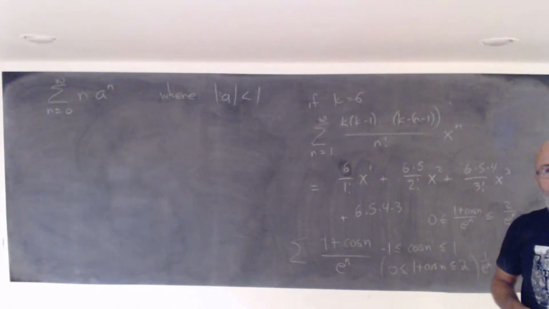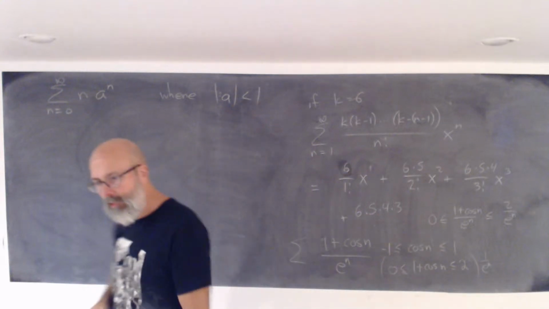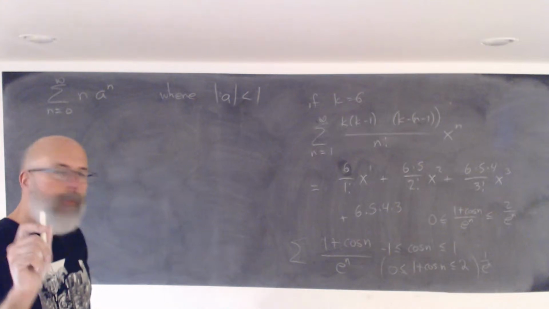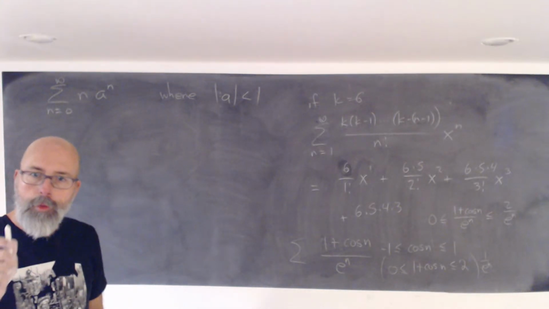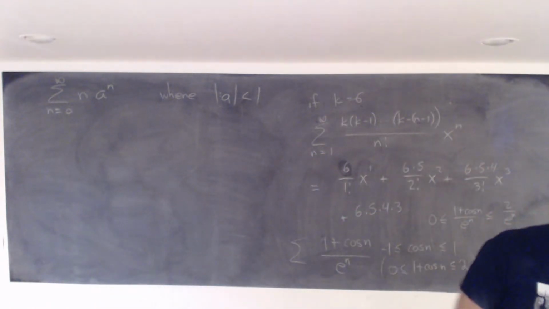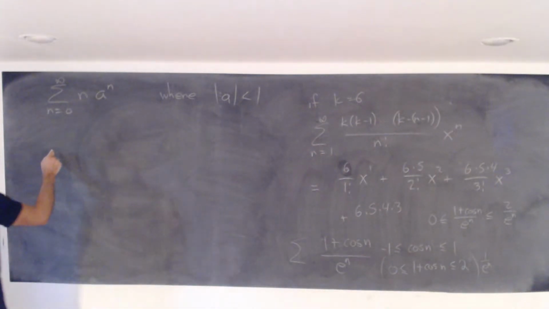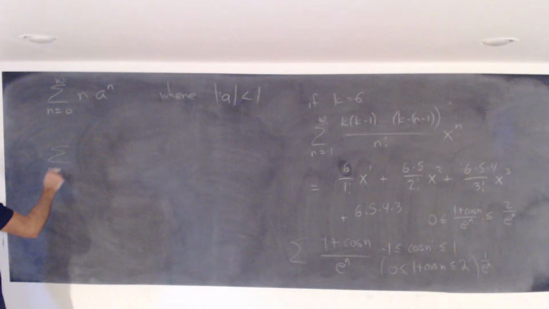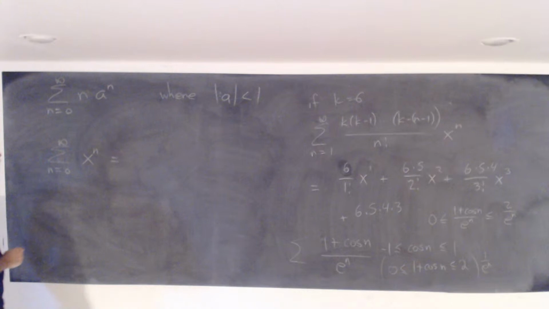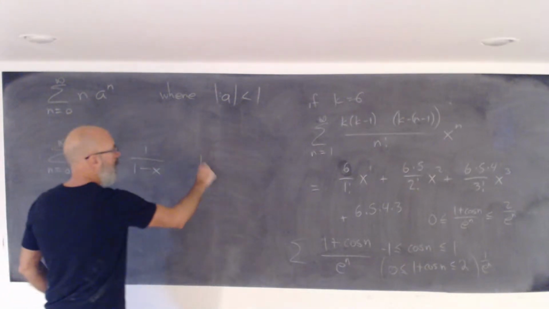We know this converges. You can test for convergence using the ratio test, and the ratio test will give you convergence. In fact, you can actually figure out what this converges to now that we have experience with Taylor series, right? Using Taylor series, you know that the sum of x to the n is 1 over 1 minus x, if x is less than 1.